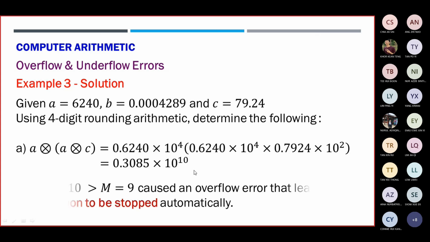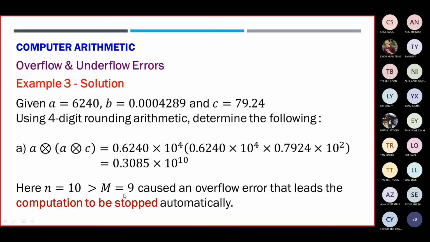Okay, now since we know that the n value is 10, which means it exceeds the given upper limit, the maximum upper limit is 9, so it's more than that. So what will happen is that the computation will be stopped automatically.